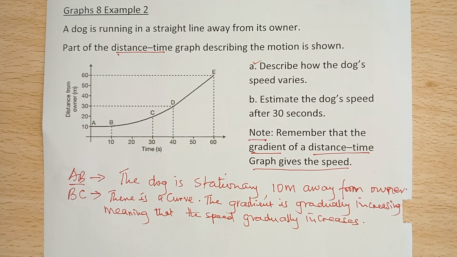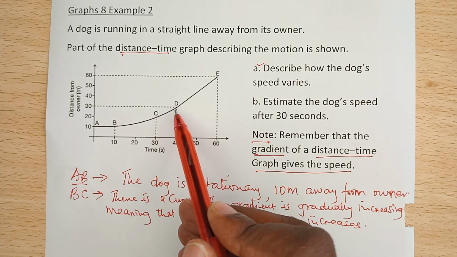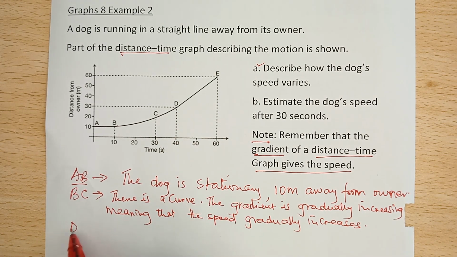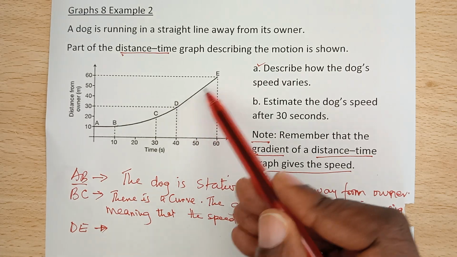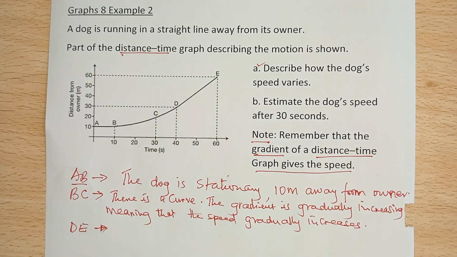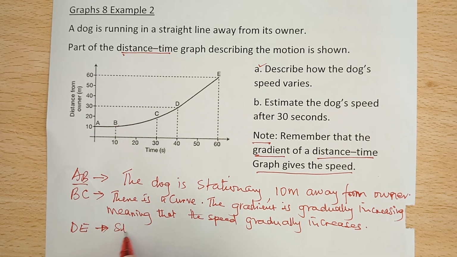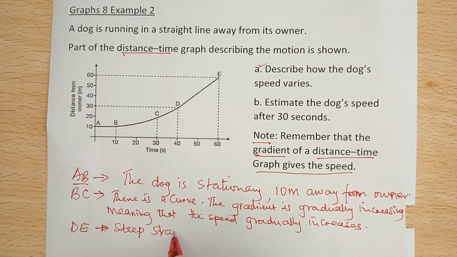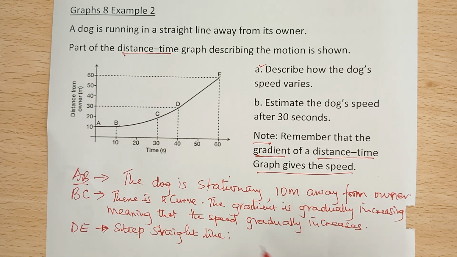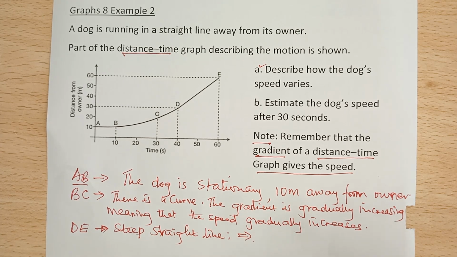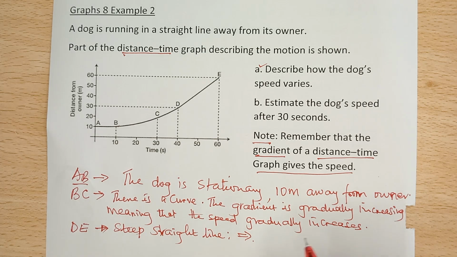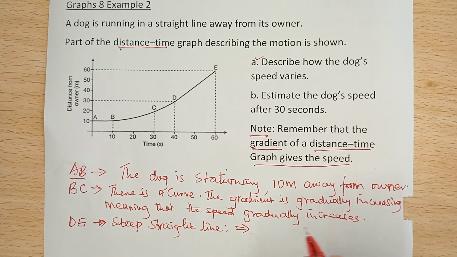The dog continues to move from D to E, and as you can see, there is a steep straight line. That means the gradient is constant, it's not increasing.